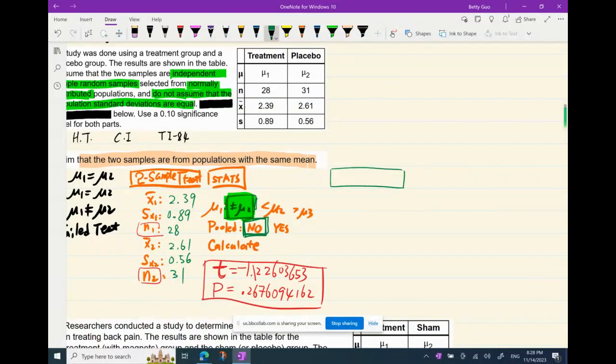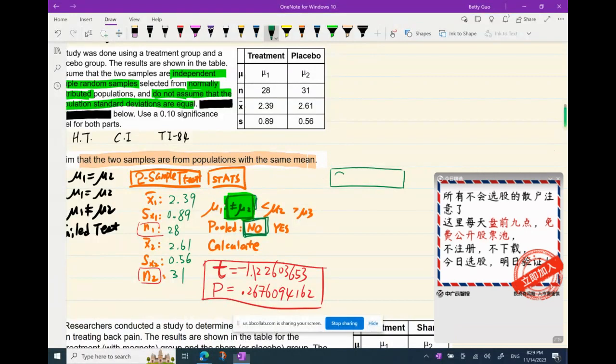Two sample t interval. So for applying the confidence interval method, I have 0 here, two sample t interval. Make sure you have the same function found.